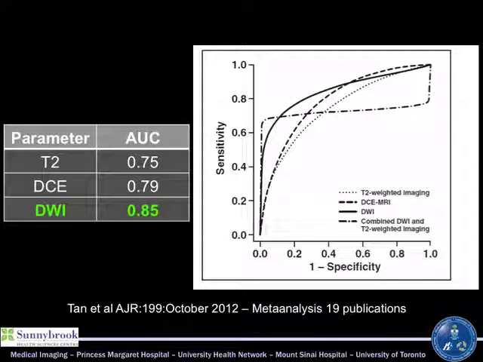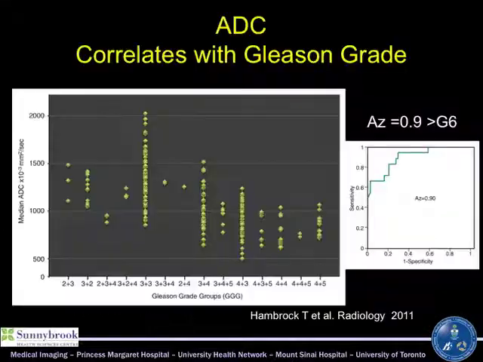This has now been published in a number of papers and shown in our work as well, that diffusion-weighted imaging is the single best incremental add-on to T2-weighted imaging for diagnosis. And I believe the radiology department here is focusing on T2 and diffusion-weighted imaging for their prostate cancer localization. But there's a bonus for this, and this is true of spectroscopy too, but again, spectroscopy is harder to perform.